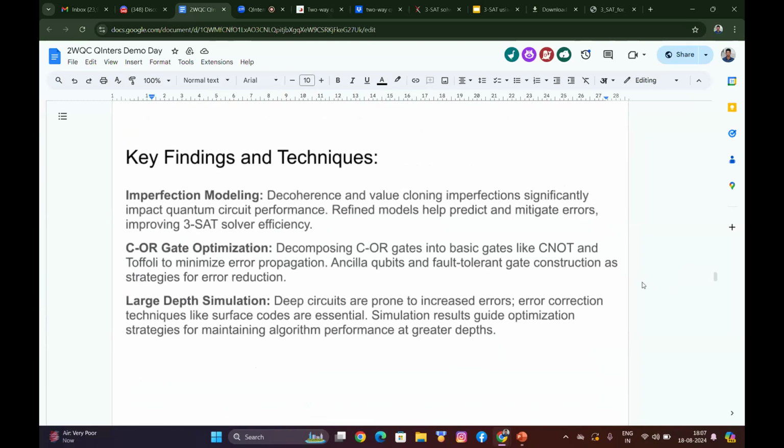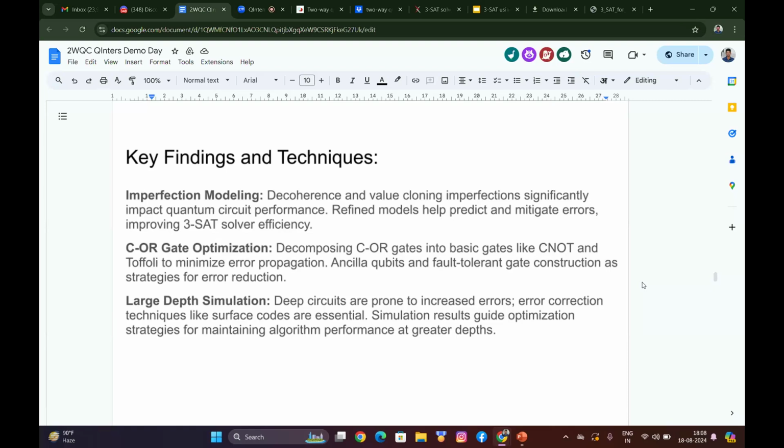So the key findings and techniques we had: first, imperfection modeling. Here we have to consider the decoherence and imperfect cloning, which significantly impact our quantum circuit performance. We have to redefine the circuit to predict and mitigate errors and improve the satisfiability problem efficiently.